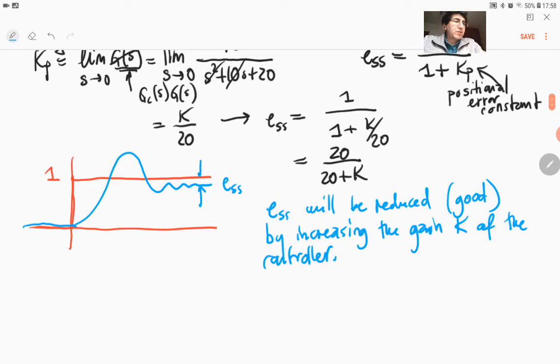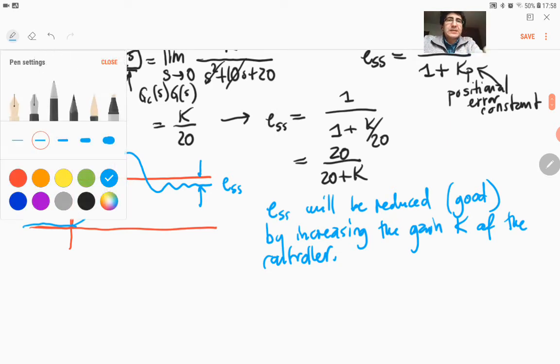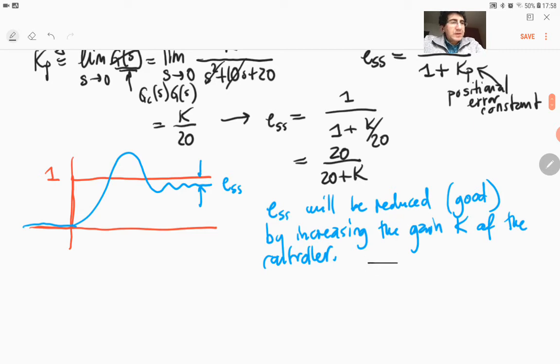So we usually show this as such: if K is increased, ESS will be decreased. K is the design parameter of the controller, and ESS is the resulting performance parameter.